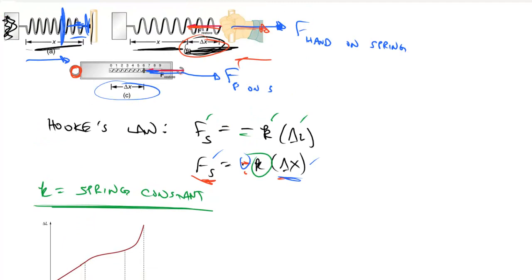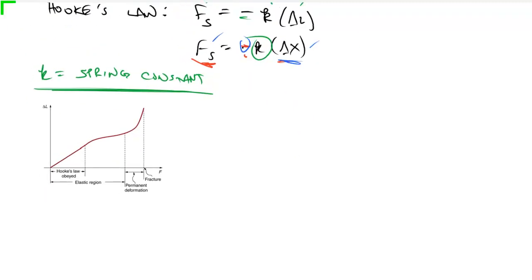But the spring scales that you see in the grocery store, they know the spring constant, and these are calibrated so that a certain displacement correlates to a certain weight. Okay, so k is a spring constant, which is a property of the spring itself.